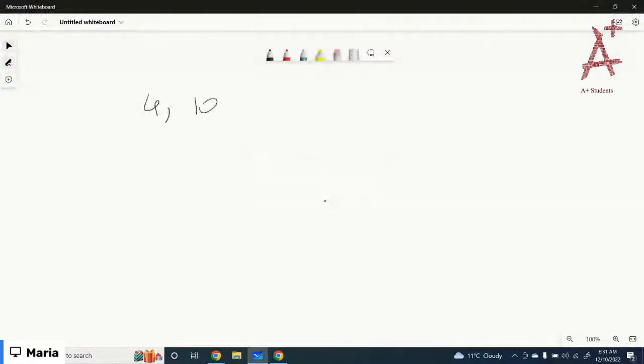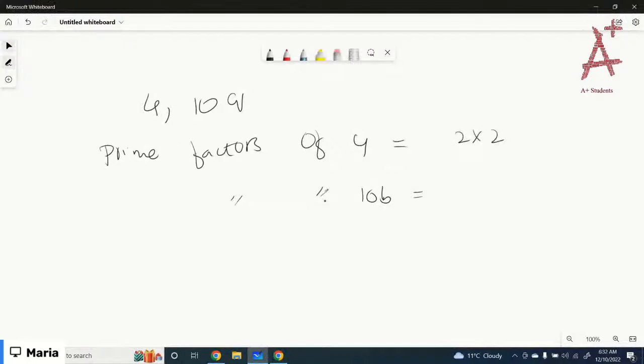Okay, for the next one, you have to find the greatest common factor of 4 and 10b cube. Let's write the prime factors of 4 and the prime factors of 10b. The prime factors of 4 are 2 times 2, and the prime factors of 10 are 2 times 5, and you have a b.